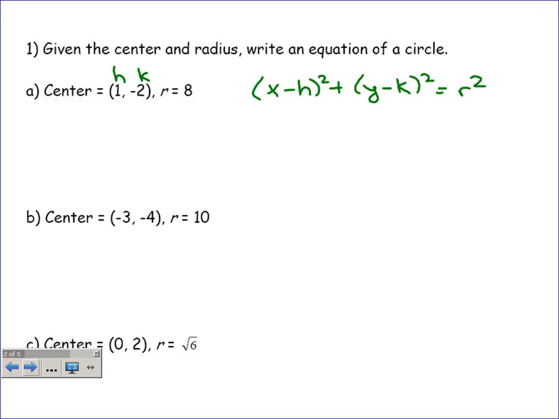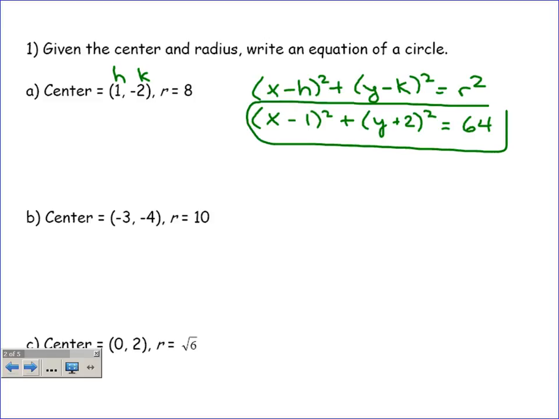It's really straightforward. So I leave the x in there. My h is 1, so I'll say x minus 1 squared. My k is, oh, it's actually -2. So we'd write y minus a -2, or just plus 2 is the best way to write that. And what's 8 squared? 64. This is the equation of my circle.